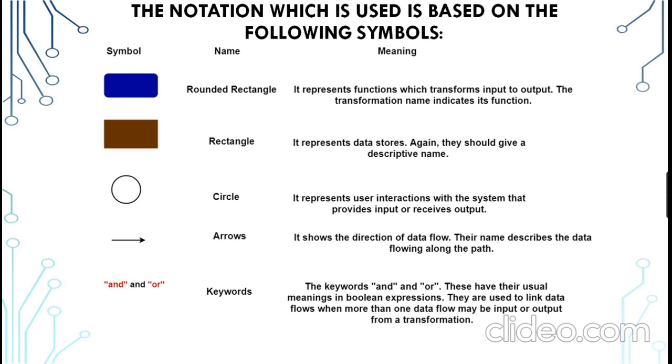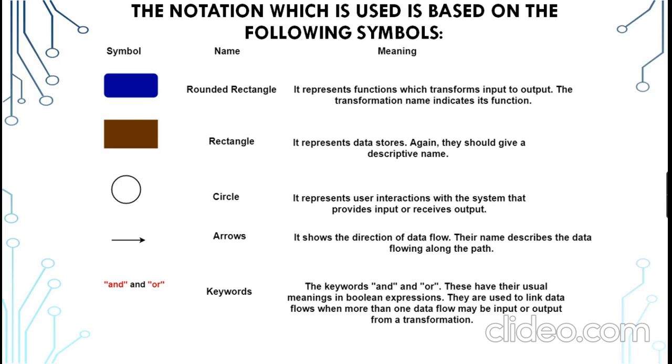The rounded rectangle represents the functions which transform the input to output, and the rectangle represents the data stores, whereas the circle represents the user interaction with the system, which provides the input or receives the output, and the arrow shows the direction of the data flow, how the data is flowing and from which part to which part of the system it is flowing.